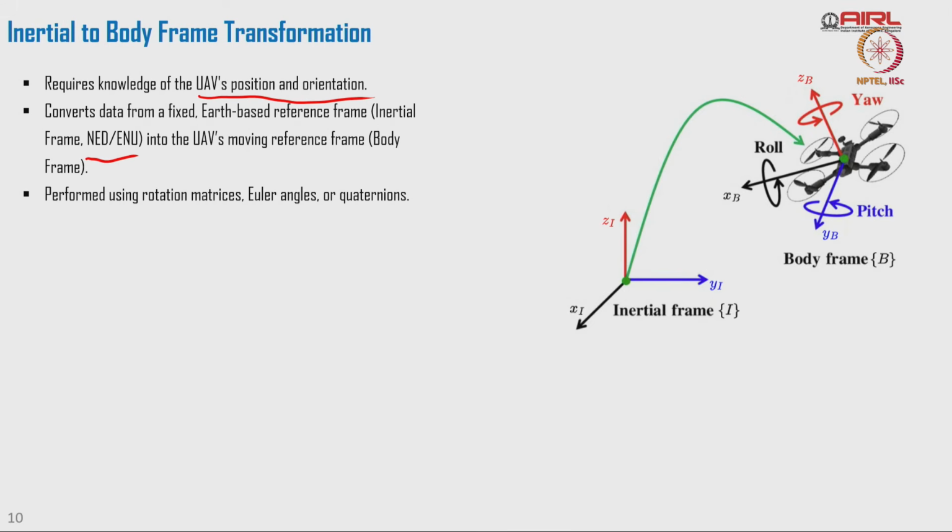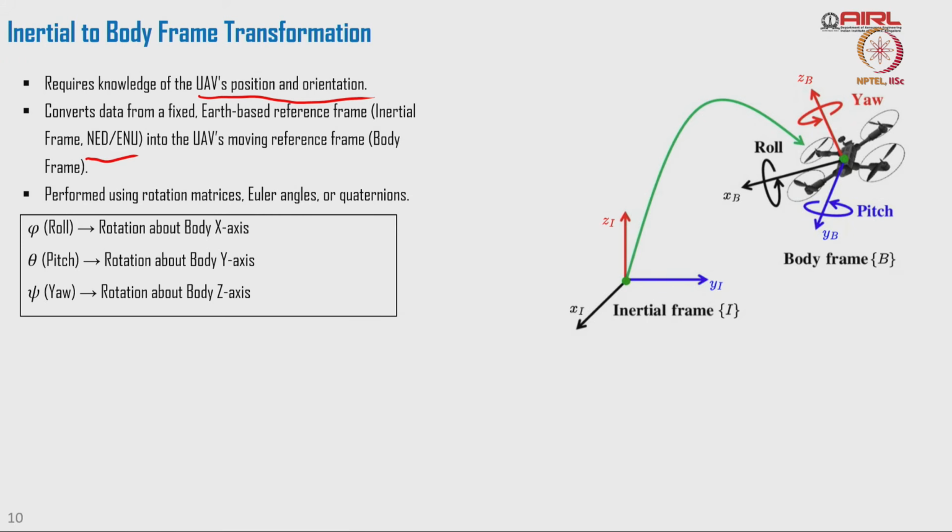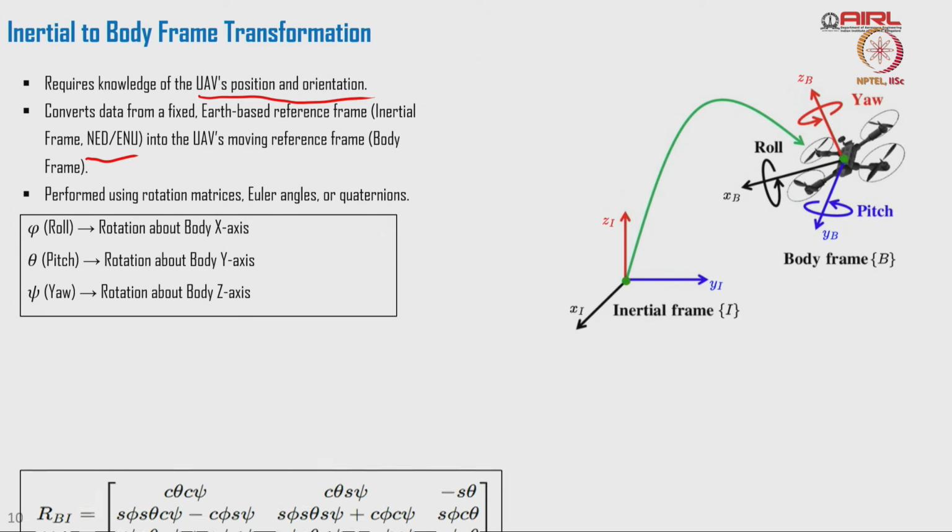So how am I going to do it? I need to perform certain rotations, which I can perform either with Euler angles or with quaternions. We will talk about it in the next lecture. What are the angles I am talking about? Rotation about the x axis is my roll. Rotation about the y axis is my pitch, and rotation about the z axis is my yaw.